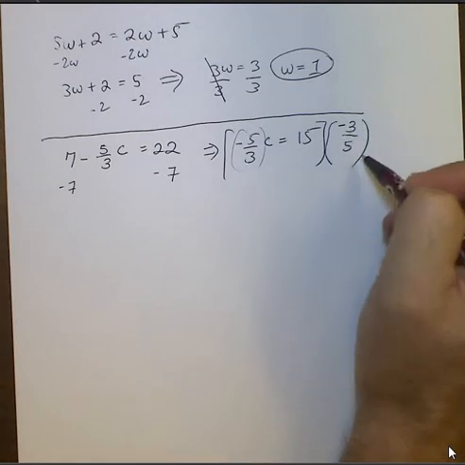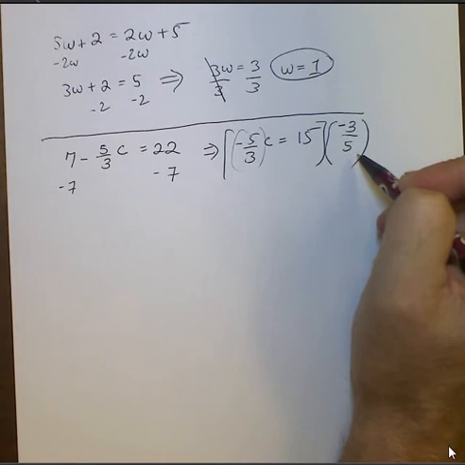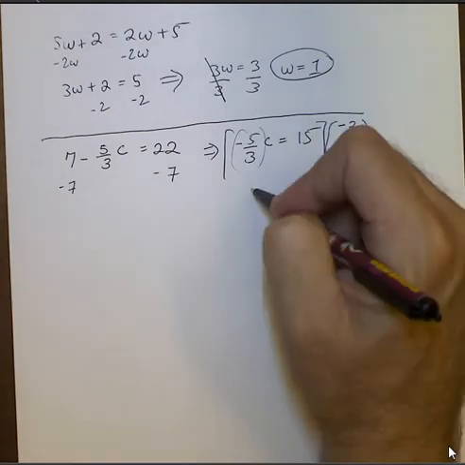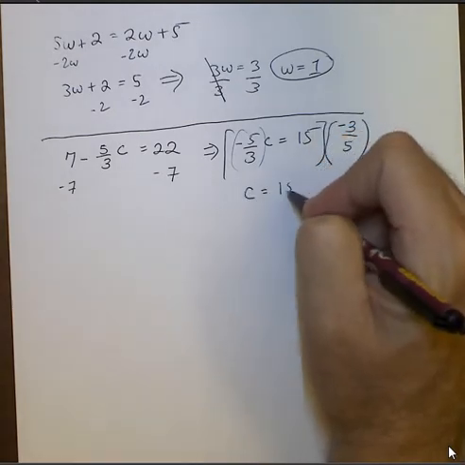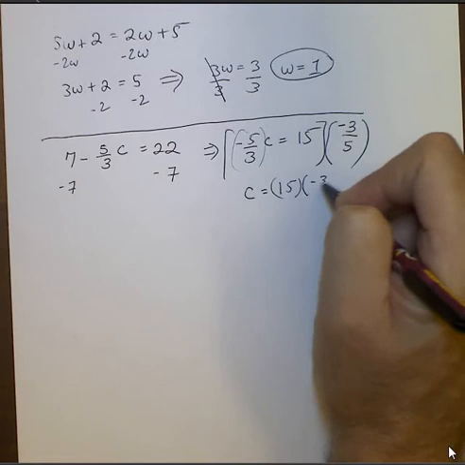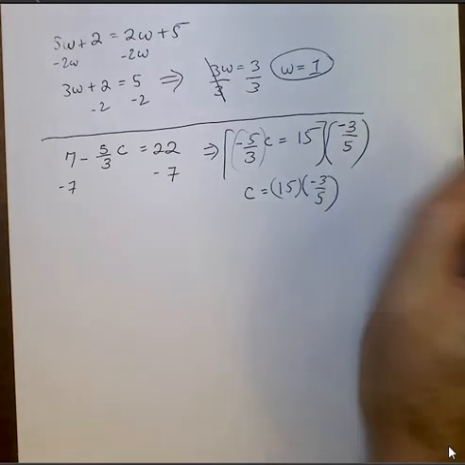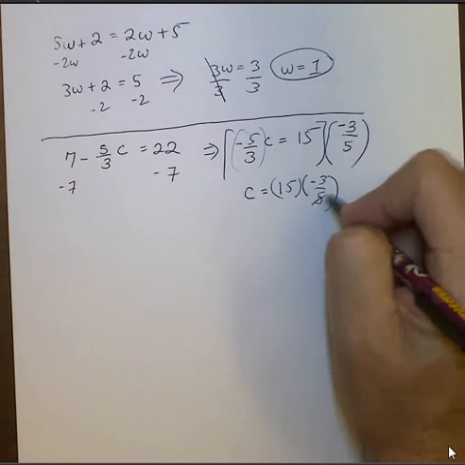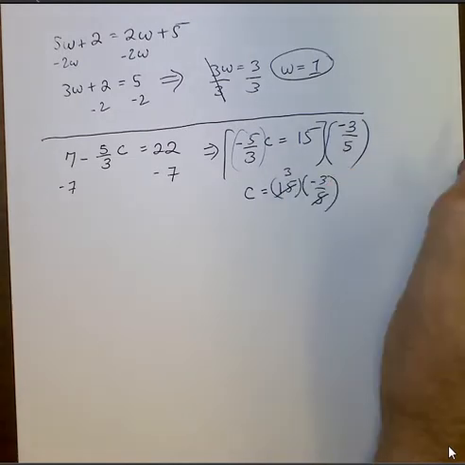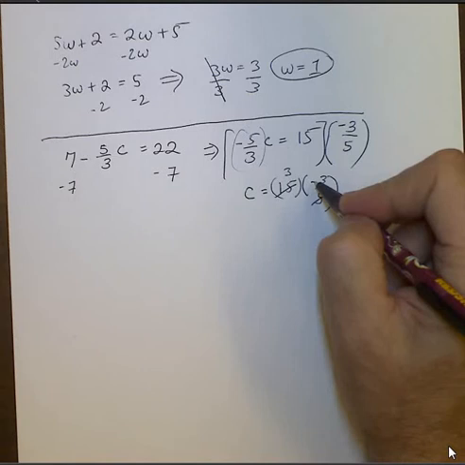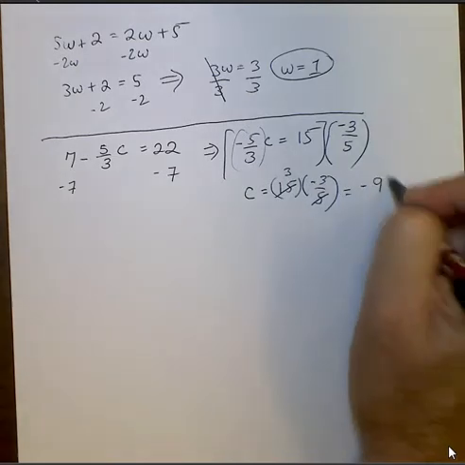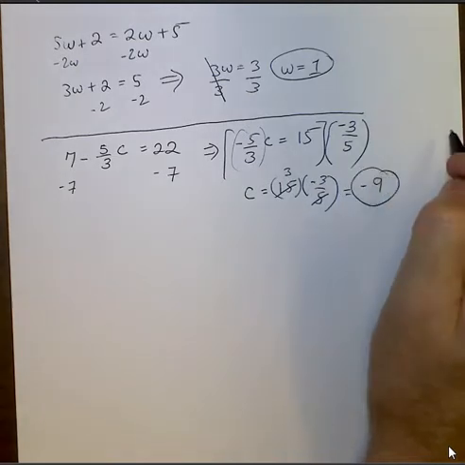Any number or fraction times its reciprocal is 1. So that leaves me with c equals 15 times negative 3/5. Now I need to work with fractions. 15 divided by 5 is 3. 3 times negative 3 is negative 9. So my answer is c equals negative 9.